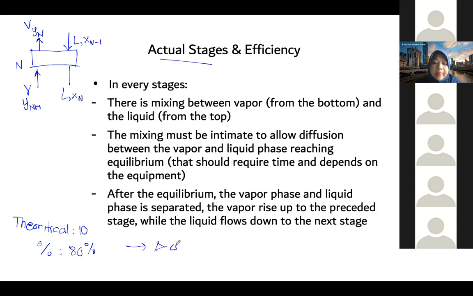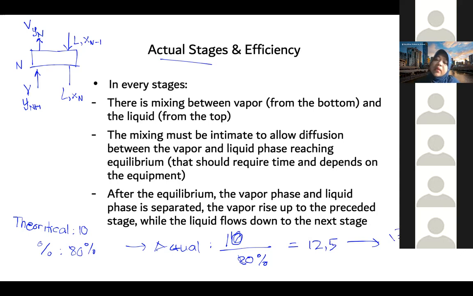The actual stages would be 10 divided by 80%, so 10 divided by 0.8, around 12.5. Then you round it up to the higher number, which is 13.